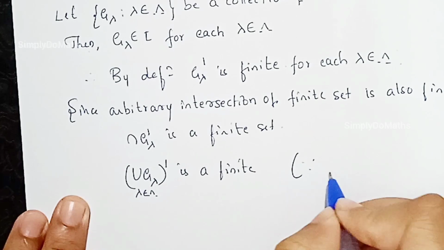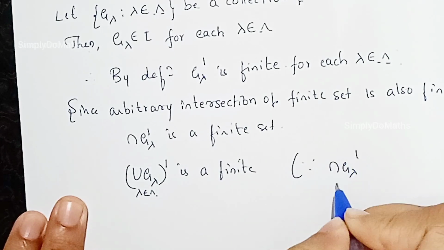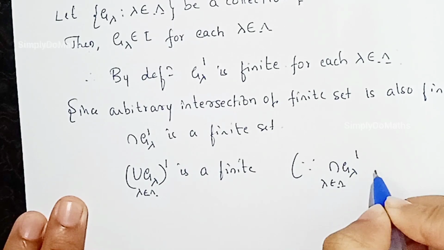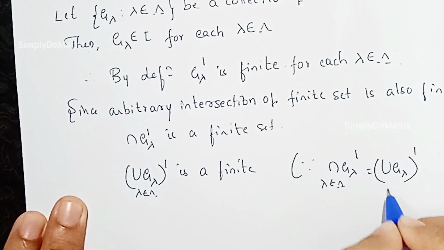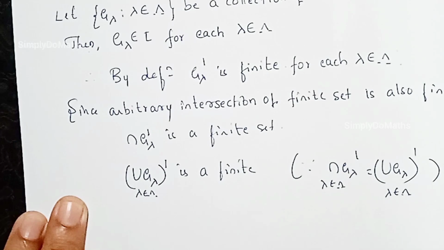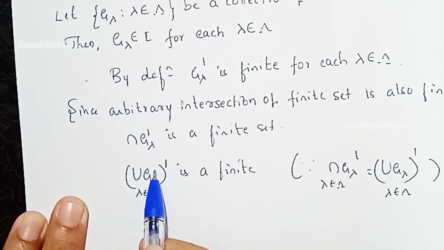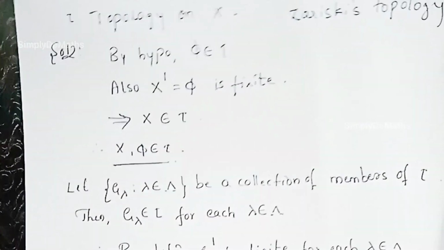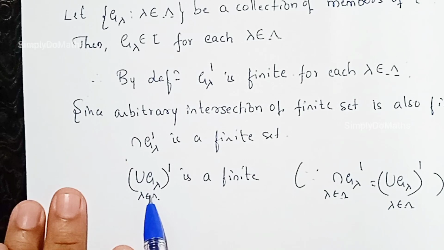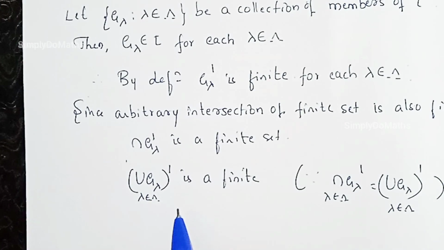So we can write here the intersection of G lambda dash, provided lambda belongs to the index set, is nothing but the union of G lambda the whole complement, provided lambda belongs to the index set itself. Here the union of G lambda dash is finite. Instead of A we have the union of G lambda dash, which is finite.